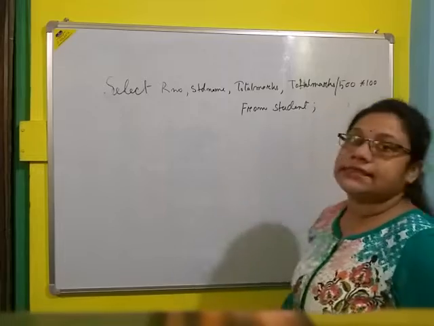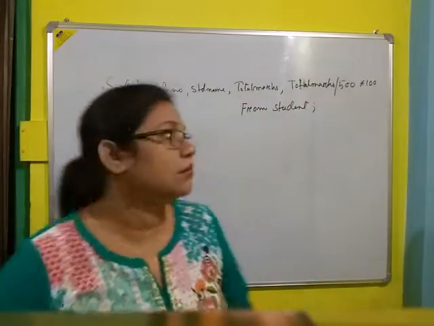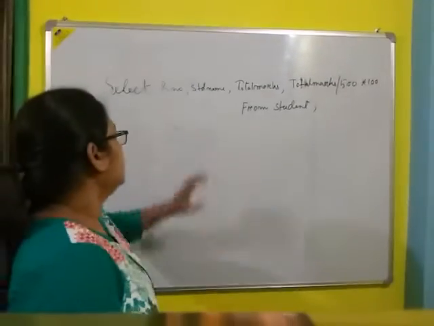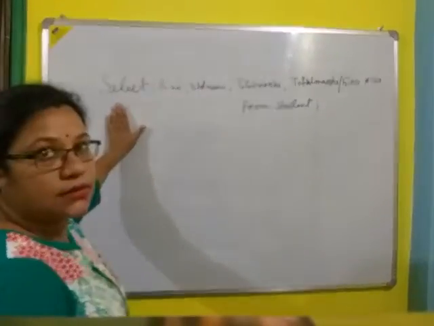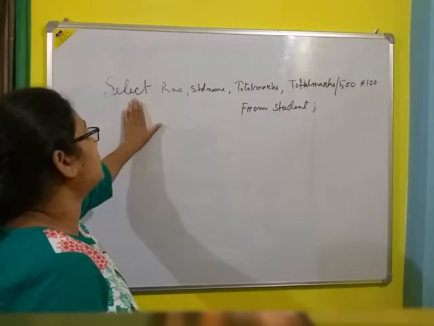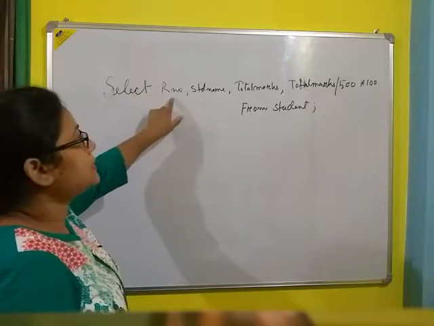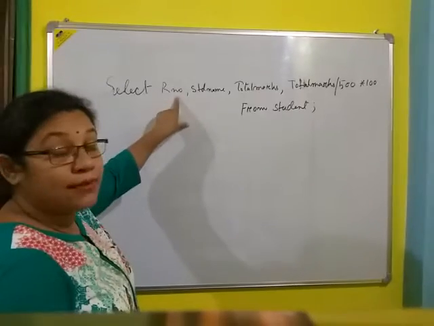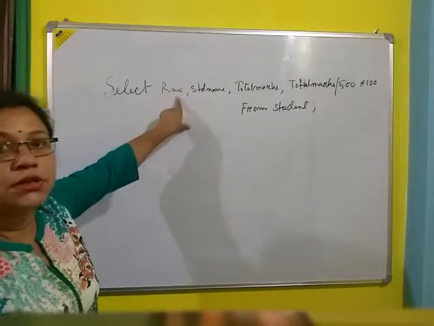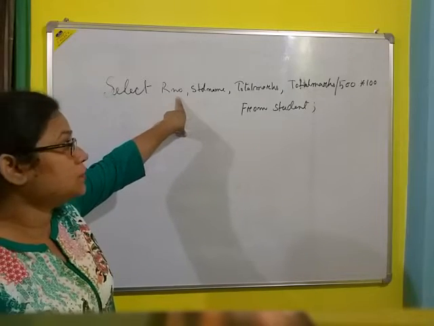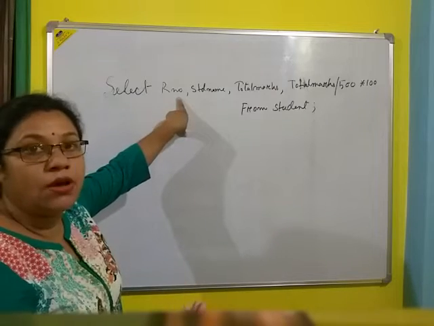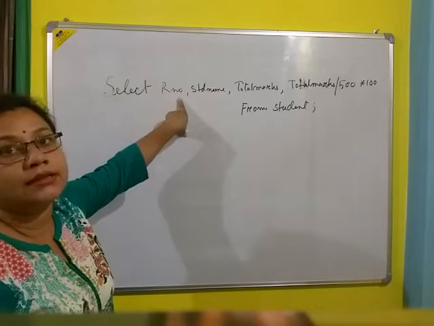Okay, so this is the SQL command where I am using the arithmetic operators. Look at the board. Select. Here I am using the select command of the SQL statement. So what am I to select? Here I am not using select all. That means I don't want to display all the columns of the table.